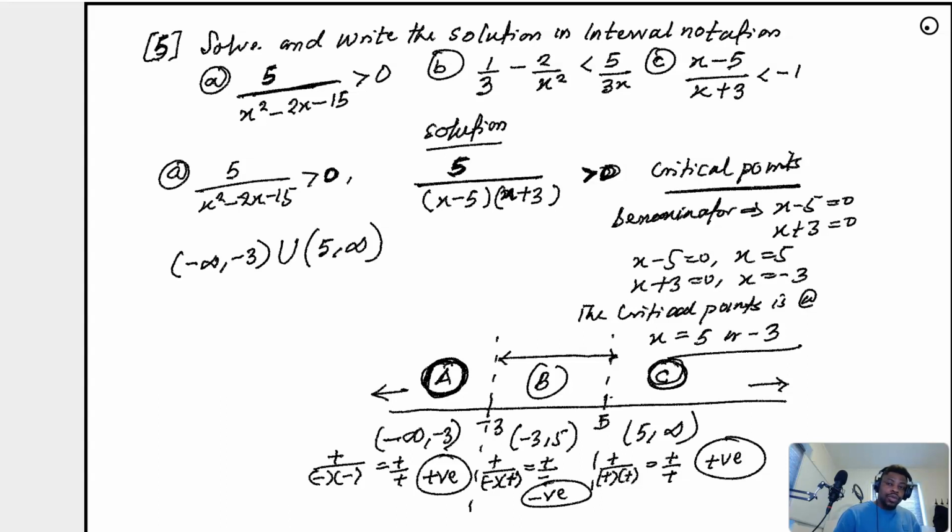For us to pick the solution, we need the numerator to have a value of x. But in this case, our numerator does not have x. It's a constant. So we only have the denominator, and we cannot use the denominator to pick the solution. So in that case, your interval of interest becomes your solution. So this is our solution.